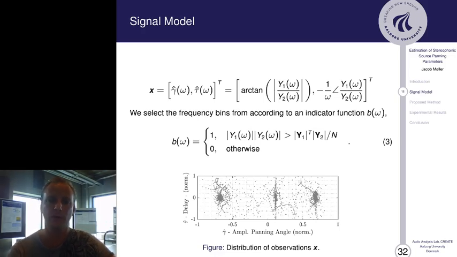In equation 3 we see the indicator function B of W, which is basically a threshold related to the signal power. This gives us a much faster computational algorithm and also removes part of the noise floor.